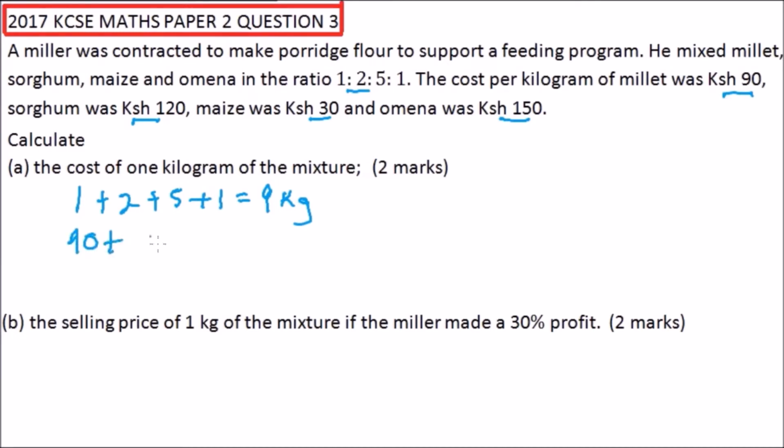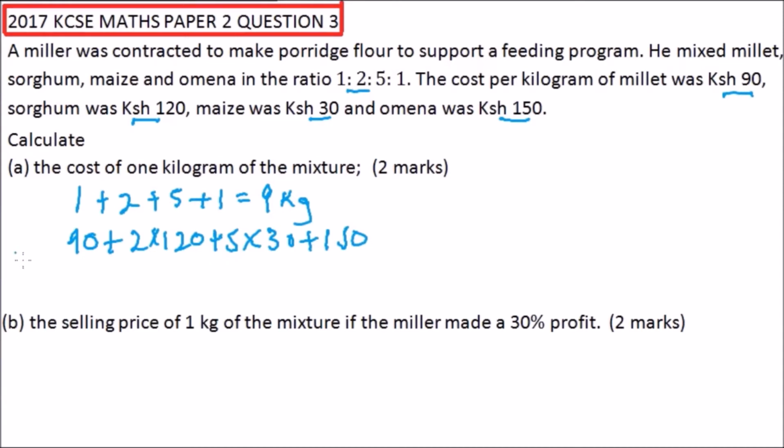We add 2 kg of sorghum, and sorghum cost 120, so we say 2 multiply by 120. Then 5 kg of maize, we add 5 multiply by the cost, which was 30, plus 1 kg of omena, which is 150.